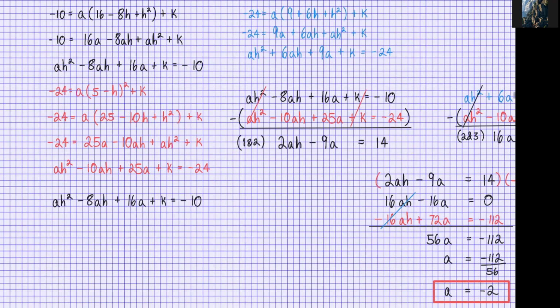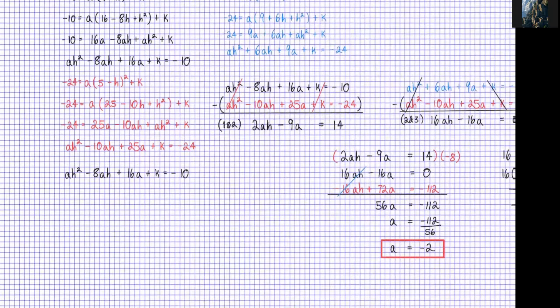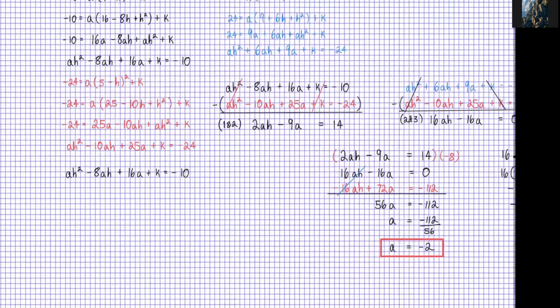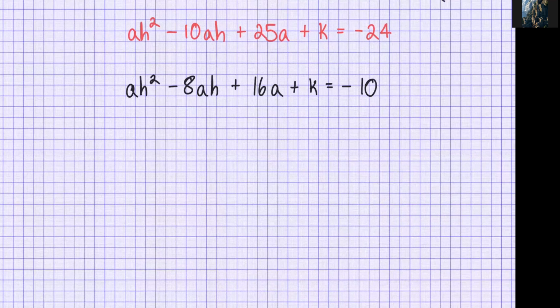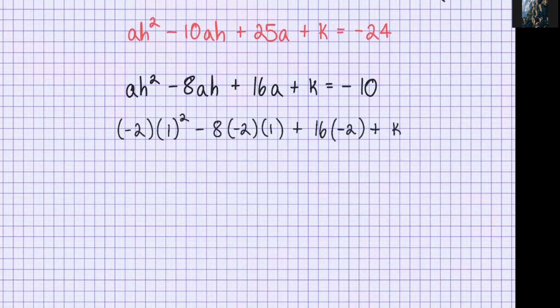And now I'm going to substitute the values for a and h, right? Negative 2 and 1 in here. So a is negative 2 times h, which is 1 squared, minus 8 times negative 2 times 1, plus 16 times negative 2 plus k equals negative 10.